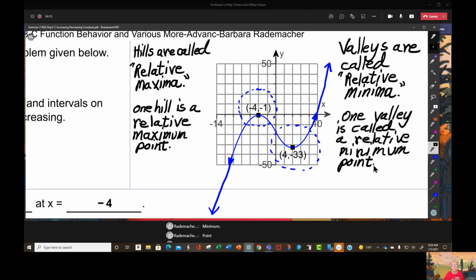We have a relative maximum point and a relative minimum point.